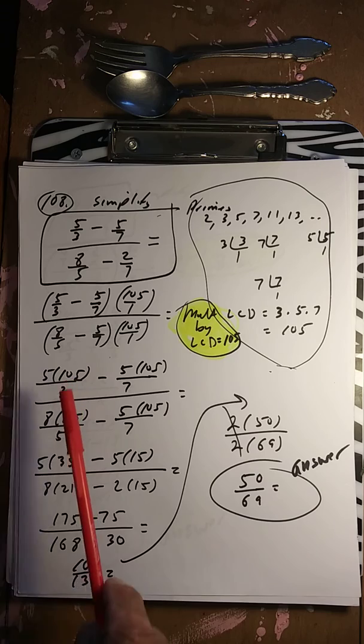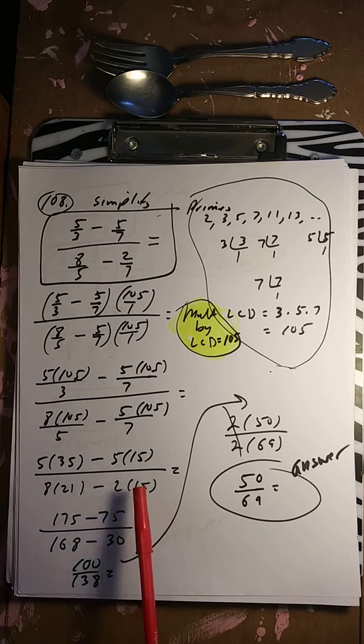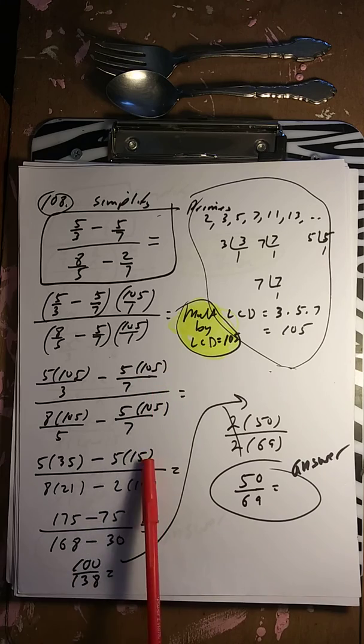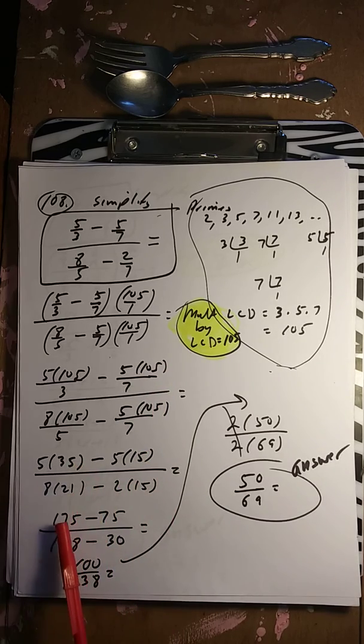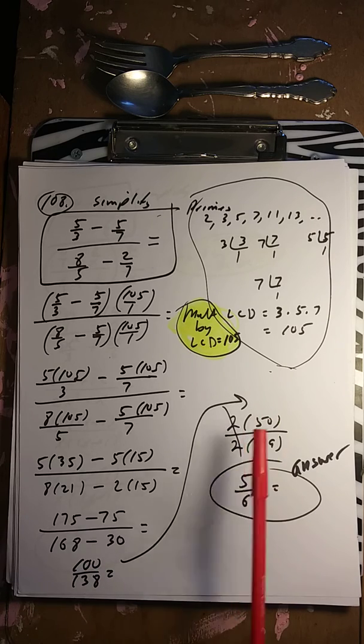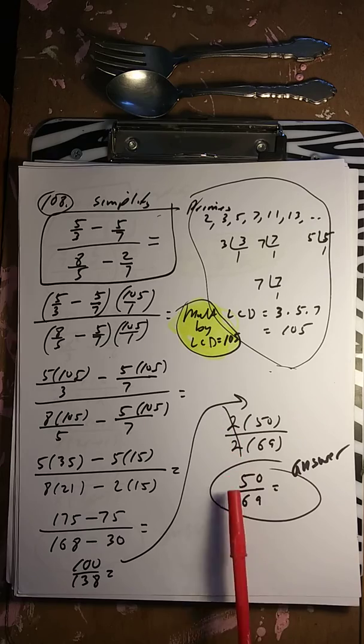Divide. 3 divides 105, 35. 5 divides this, 21. 7 divides that, 15. 7 divides that, 15. So now we have this times this is 175 minus 75, or 160 minus that. 100 over 138 left over. Well, this is the same thing as 2 times 50 and 2 times 69. These 2's are gone. So we have 50 over what? 69.